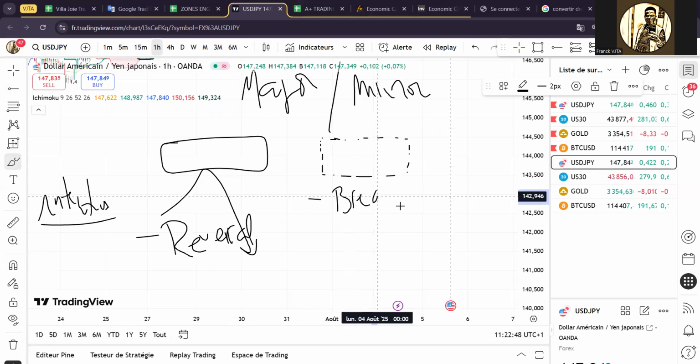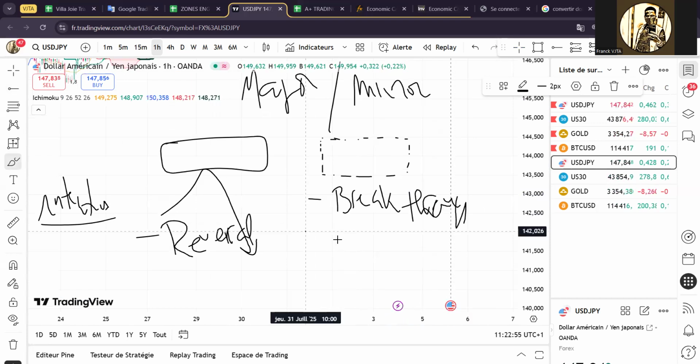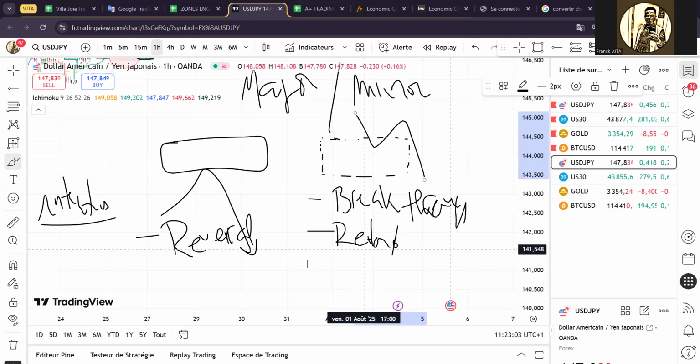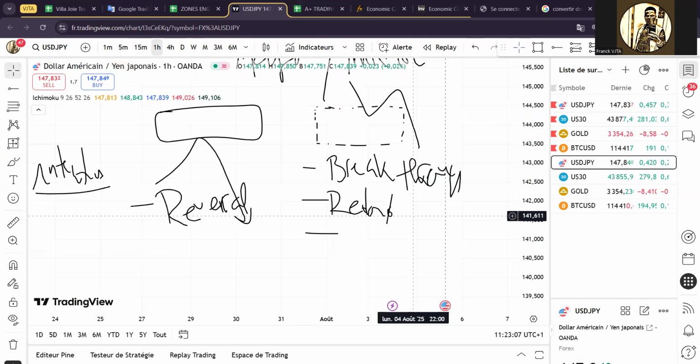Or I do a rebound on the zone, like I come into the zone, I rebound, and then before I break through. And rarely, that's not too often.